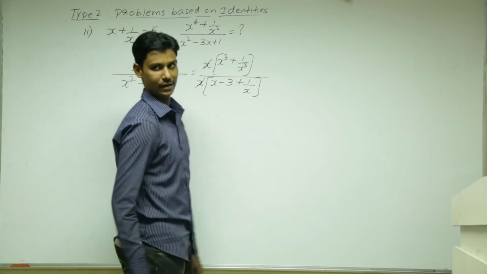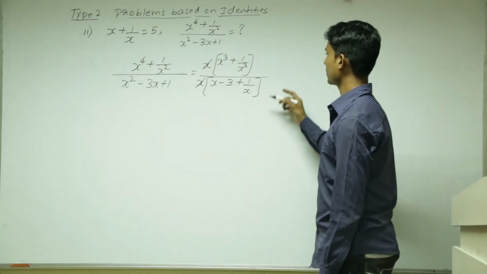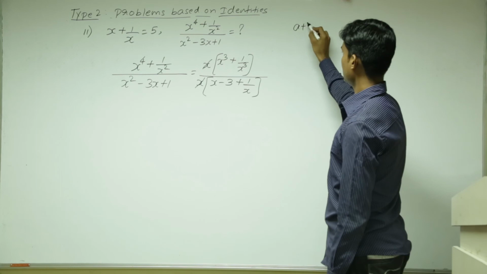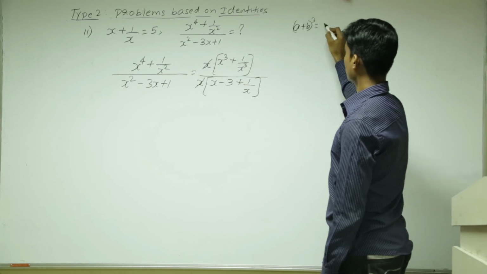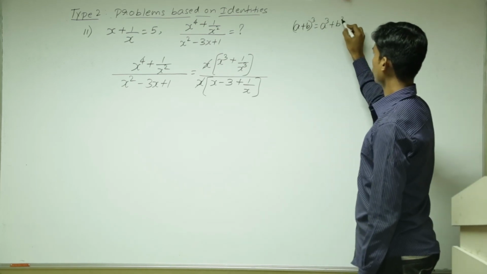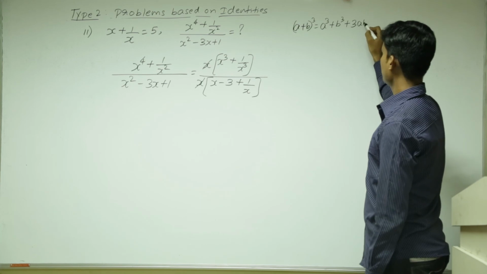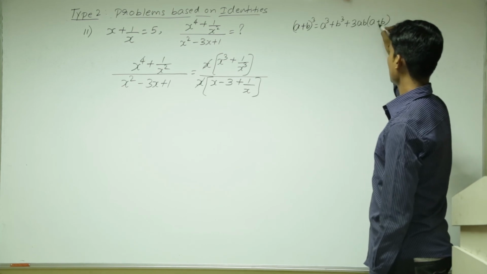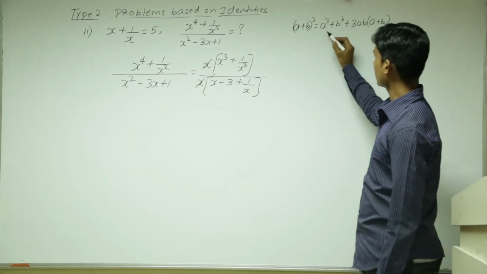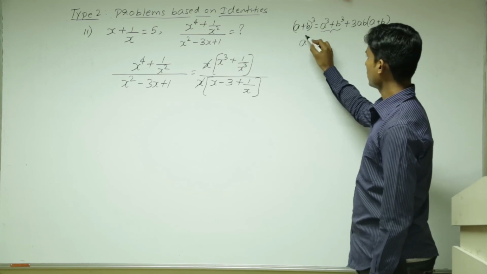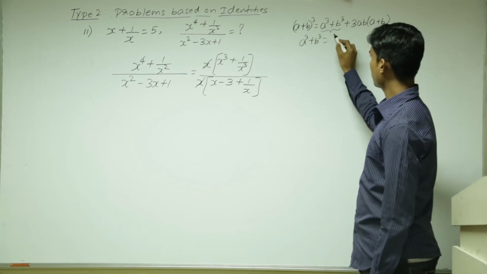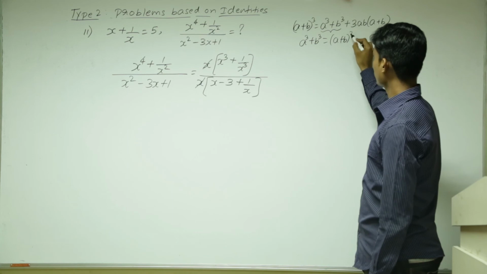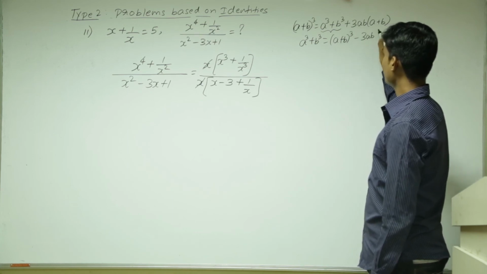Now, if you observe here, suppose (a plus b) whole cube is a cube plus b cube plus 3ab into (a plus b). But this is a cube plus b cube. A cube plus b cube is nothing but (a plus b) whole cube minus 3ab into (a plus b).